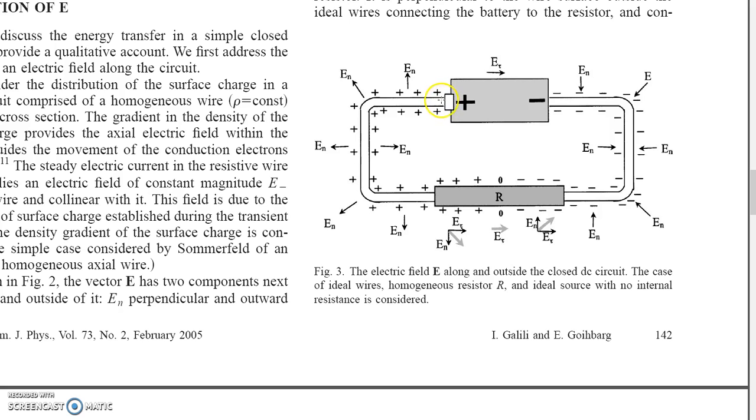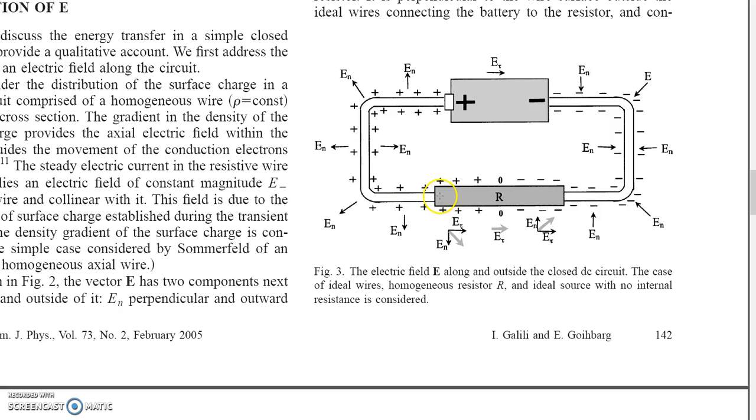Zero resistance means the electrons no longer need a field to propel them around the wire. The normal component of the electrical field in the wire remains, again varying in size according to the concentration of surface charge.